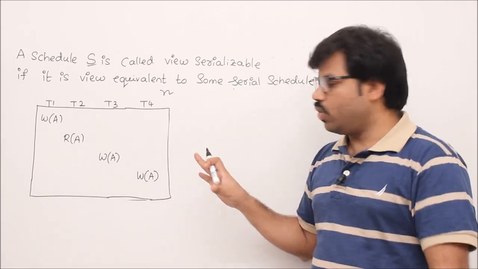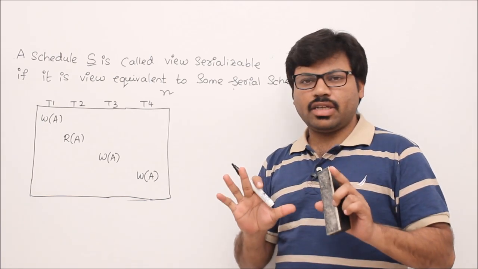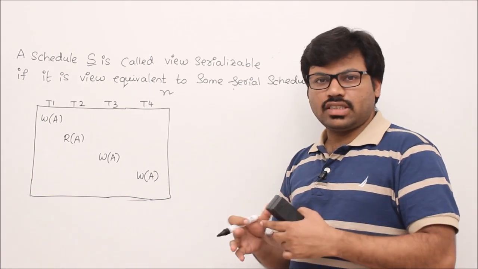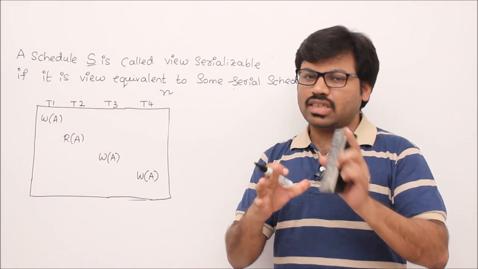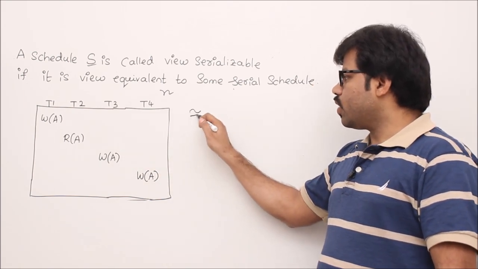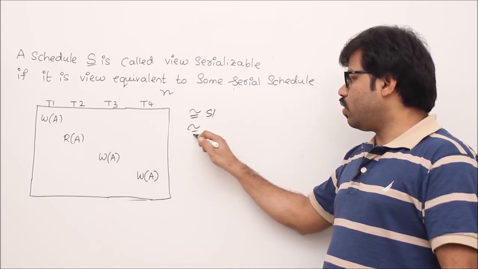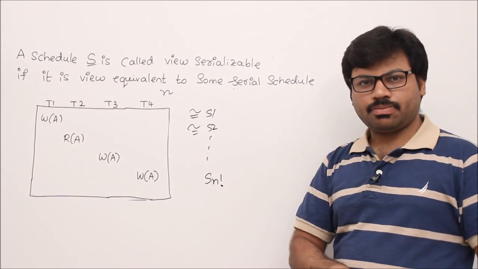Rather than that, in the exam we impose some necessary conditions. For the GATE exam especially, questions are given in such a way that necessary conditions will help you prune some of the possibilities. Your schedule might be equivalent to serial schedule 1, serial schedule 2, anything. This is the potential possibility.